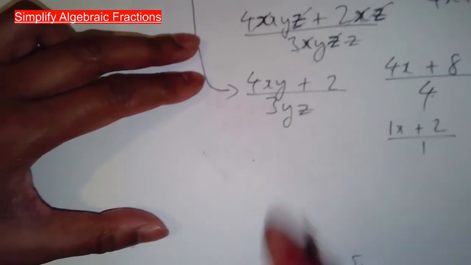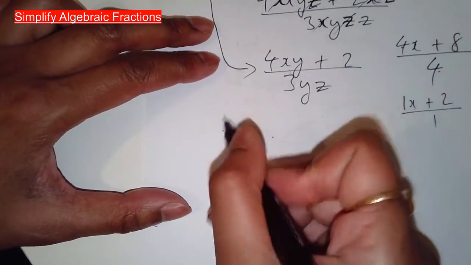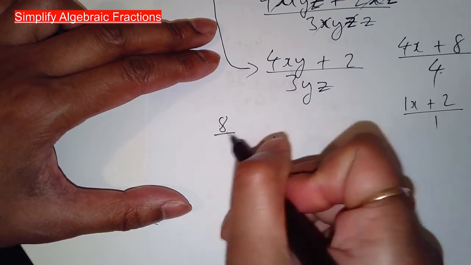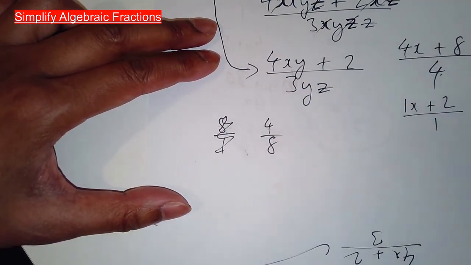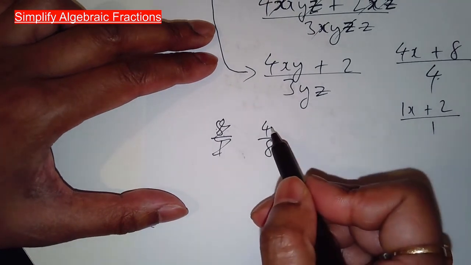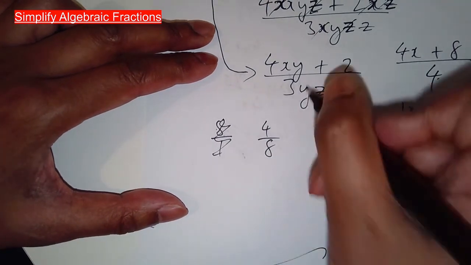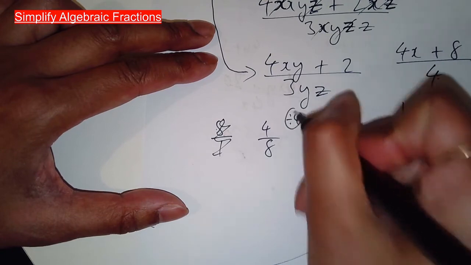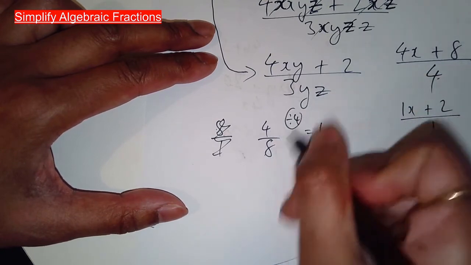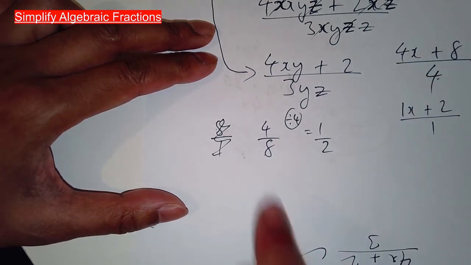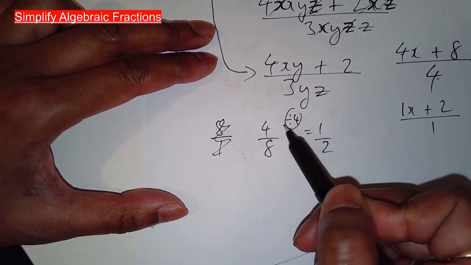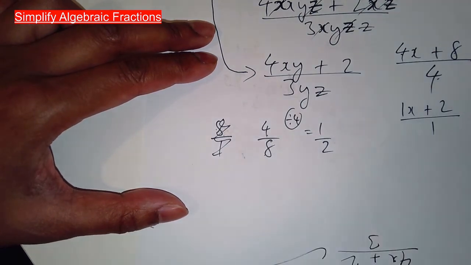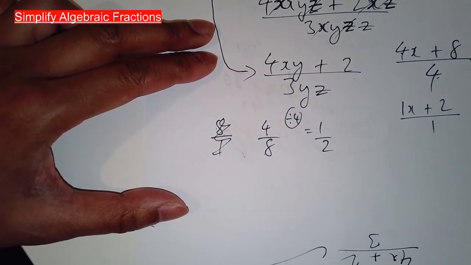I can explain that in a slightly different way. Let's try another one. Let's say we've got 4 over 8. What number goes into 4 and 8? It's obviously 4, isn't it? So you can divide by 4, top and bottom. 4 divided by 4 is 1, 8 divided by 4 is 2. We always know that 4 over 8 is the same as a half. We are able to divide by 4 because it's a fraction. The top and bottom cancel. You can cancel it down.